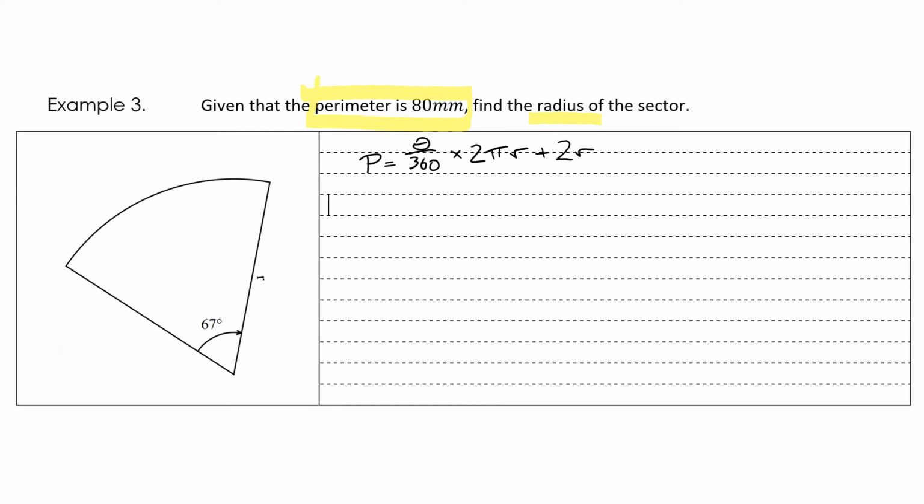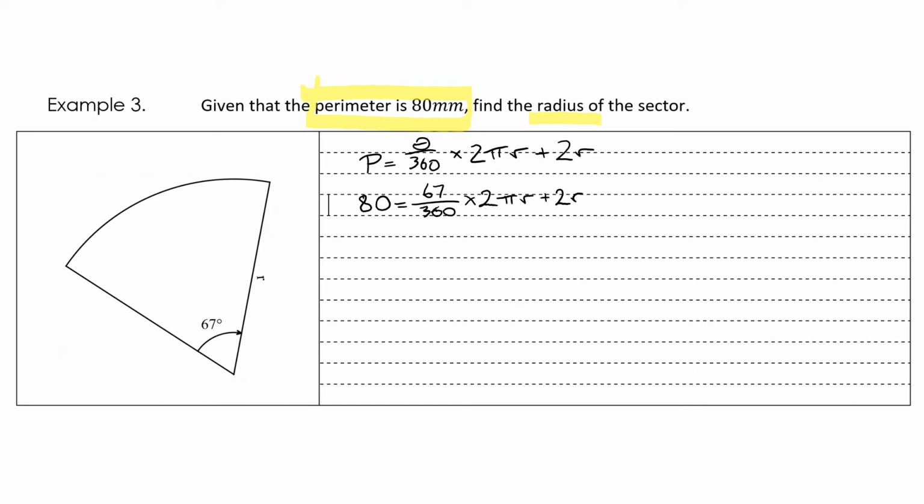Okay, so let's sub in what we know. We know the perimeter is 80 millimeters. So we're going to write 80 equals, theta we know is 67 from our diagram, 67 over 360 times 2 pi r plus 2 lots of the radius.